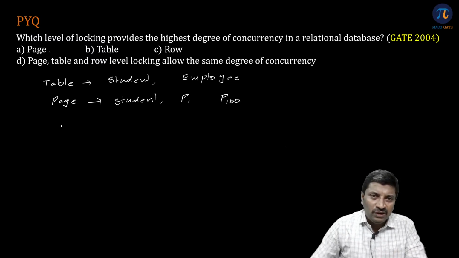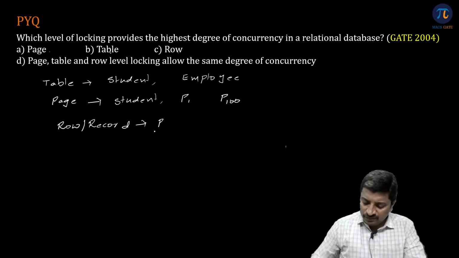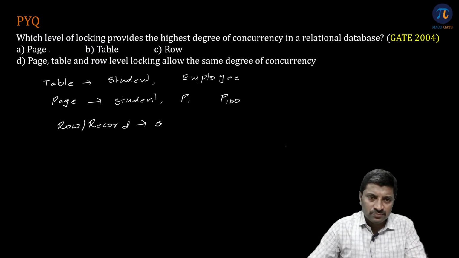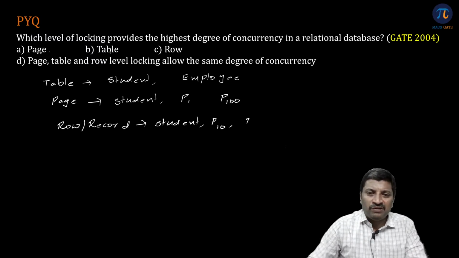Then no issue. Then row. Instead of row, you can call that a record. Within the same page, suppose both are accessing the same page 10, but one fellow is accessing record 1 and another fellow is accessing record 12.